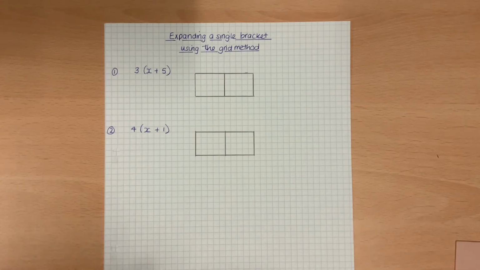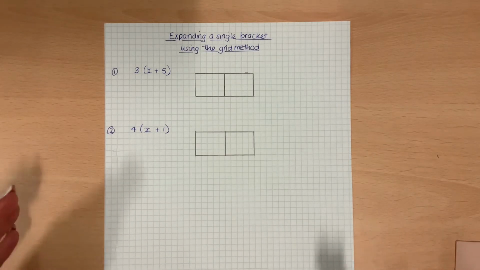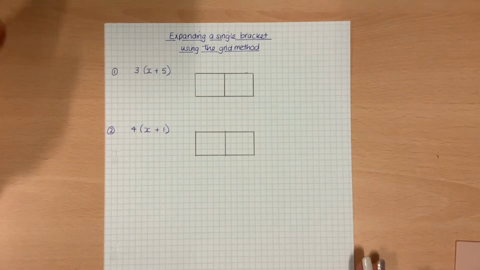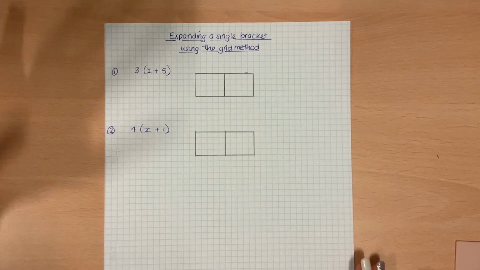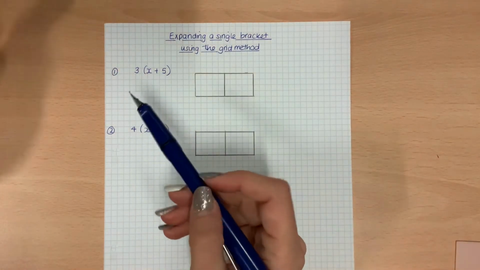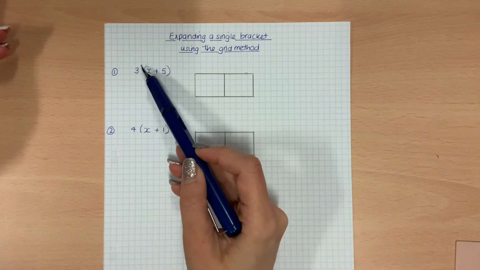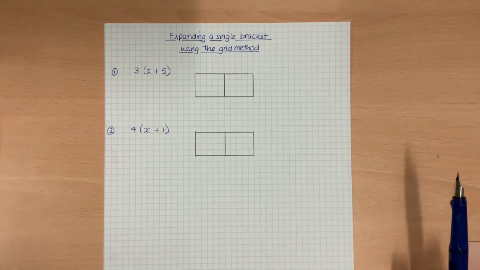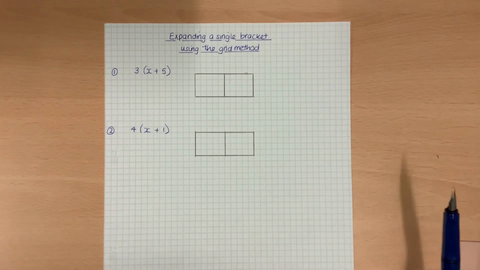Okay, so if we think back to what this actually means, we've been using algebra tiles, or you can have a look at how algebra tiles work in this type of question. But what this actually means is 3 rows of x plus 5. So you'd have x plus 5 in each row, and you'd have 3 rows of them.